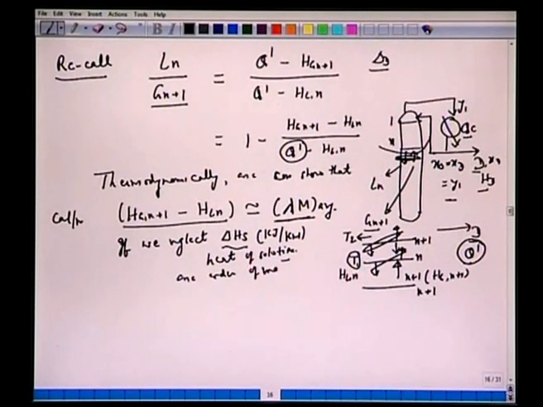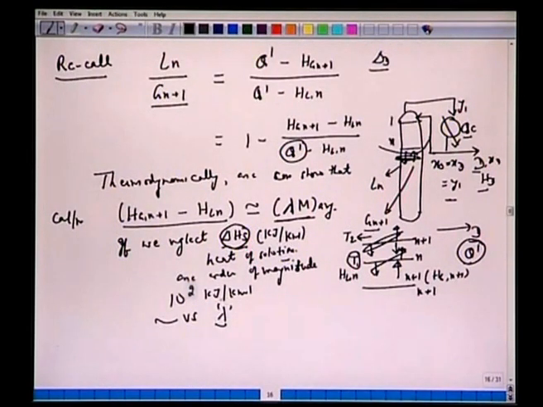If you look at any handbook or thermodynamic table, you will see that this del Hs, the heat of solution, is, say for example, 10 to the power 2 kilojoule per kilomole, in comparison with lambda, the latent heat of vaporization.